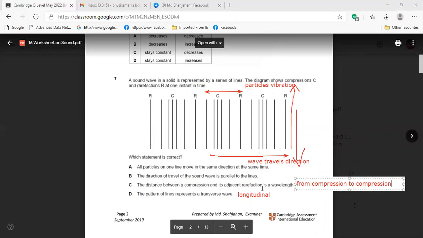Now it's given compression to rarefaction. Then B is already explained. A is explained with the wavefronts. So Monica, can you please take the snap now? Send to our group.